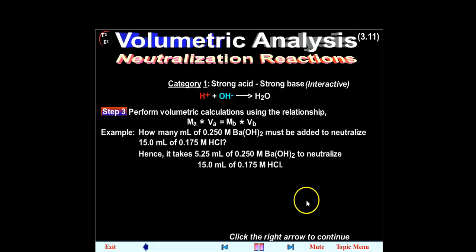Hence, it takes 5.25 milliliters of 0.250 molar barium hydroxide to neutralize 15.0 milliliters of 0.175 molar HCl.